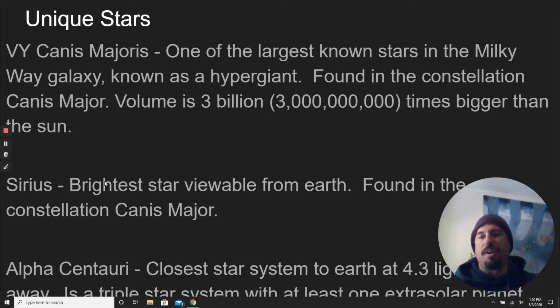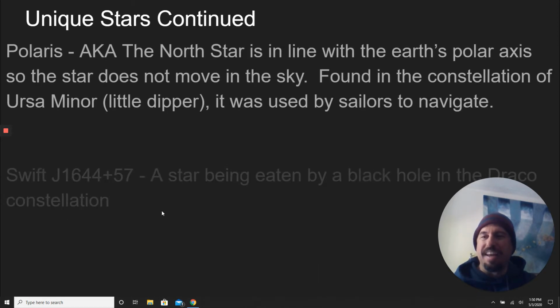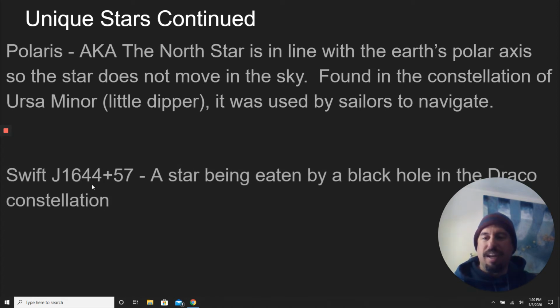And then some of them are stars like Sirius, which is a star that's very visible from Earth. And so that name came from some ancient culture. I don't know what language Sirius is off the top of my head. But then you have this one, which is not visible with our naked eye. And so because it's not visible by our naked eye, they give it this weird number.